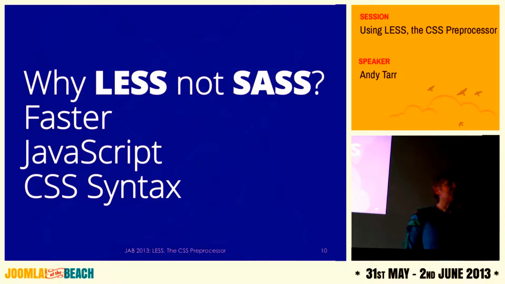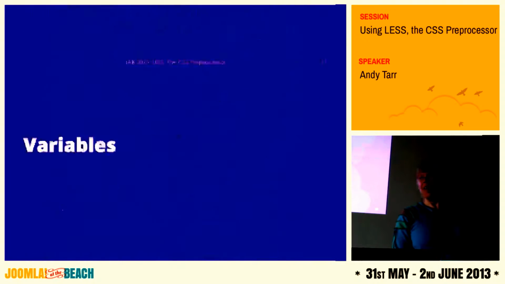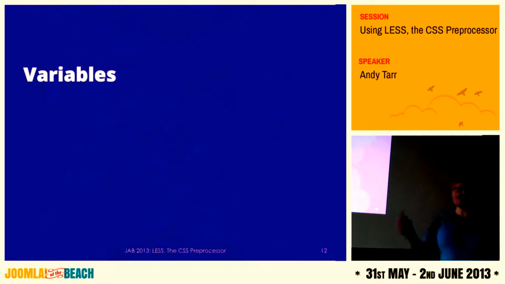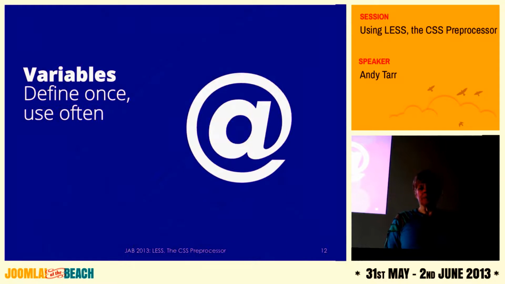Okay, so using less, how do we actually use it? Variables. This is one of the most powerful things that less has. And variables, which actually, if you're a real programmer, they should be constants, but we'll ignore that for now. We won't get too geeky about it. What that is is a place where you define something once, and then you can reuse it all you want. And you do it by defining something with the @ symbol.